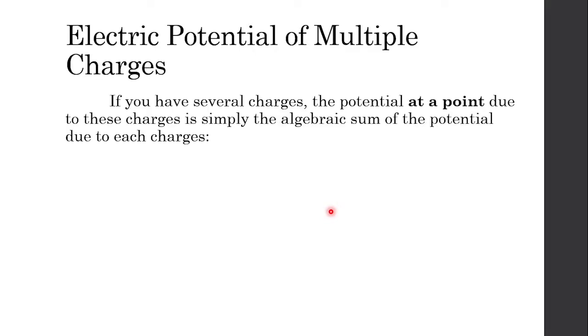So understand first the electric potential due to multiple charges. If you have several charges, the potential at a point, and here we are talking about electric potential, the amount of electric potential energy per coulomb or per charge, due to these charges is simply the algebraic sum of the potential due to each charge.